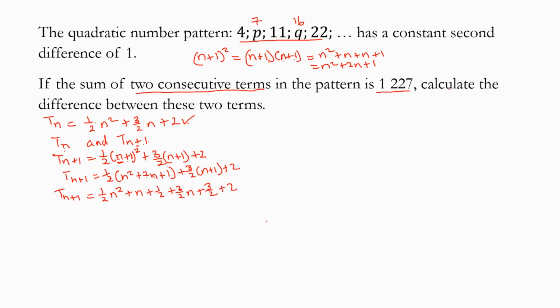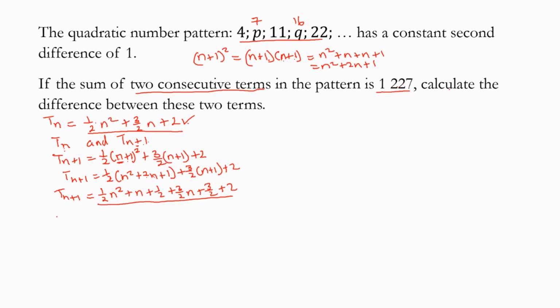Okay, so that is our Tn plus 1. So we are saying that this plus this must give us 1227.